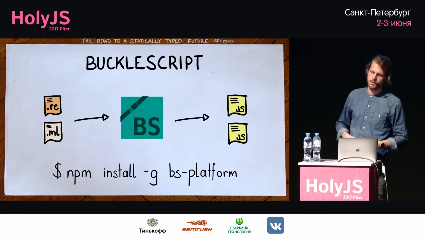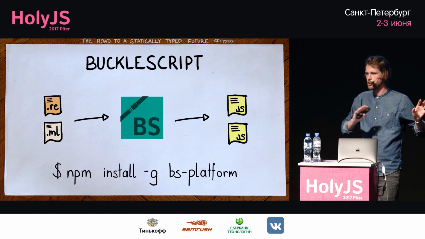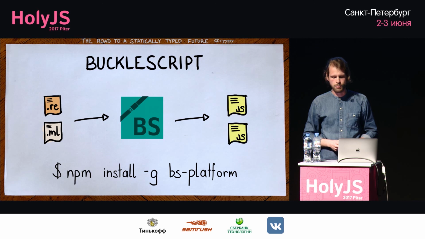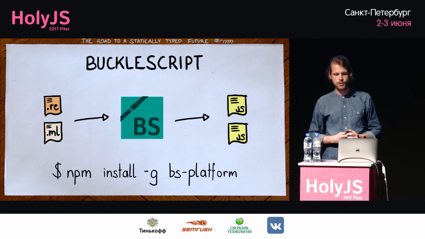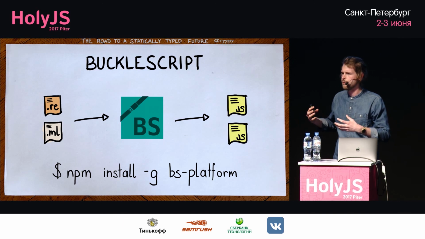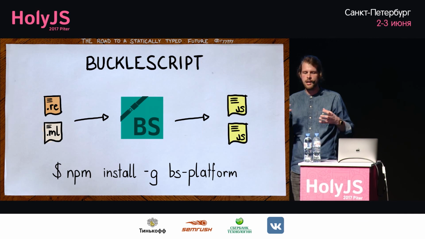On top of that, we have now the Reason syntax and we have OCaml, but who does the JavaScript magic? This is called BuckleScript. BuckleScript is a platform developed by Bloomberg, and what it tries to do is pack the OCaml compiler and all the stuff you need to build JavaScript files into an NPM package.